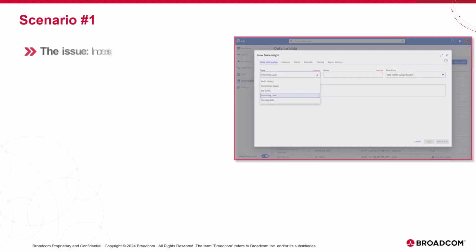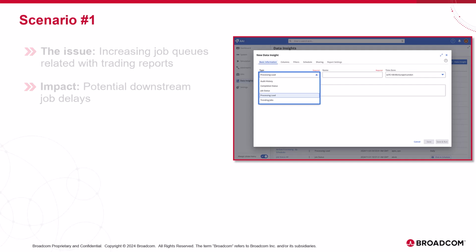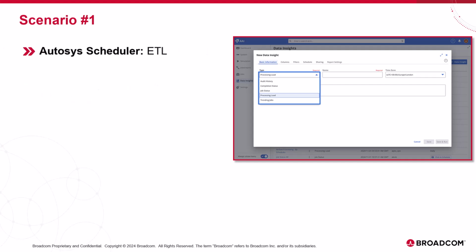In the first scenario, Alex has been alerted about growing job queues related with trading reports. Suspecting latency in job executions, Alex chooses to monitor the AutoSys scheduler, which executes high-volume ETL jobs, and also the Google Cloud Composer responsible for reporting workflows.